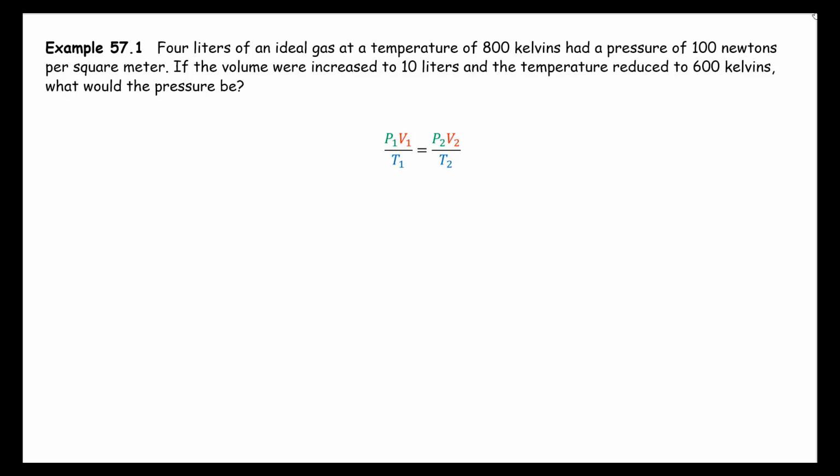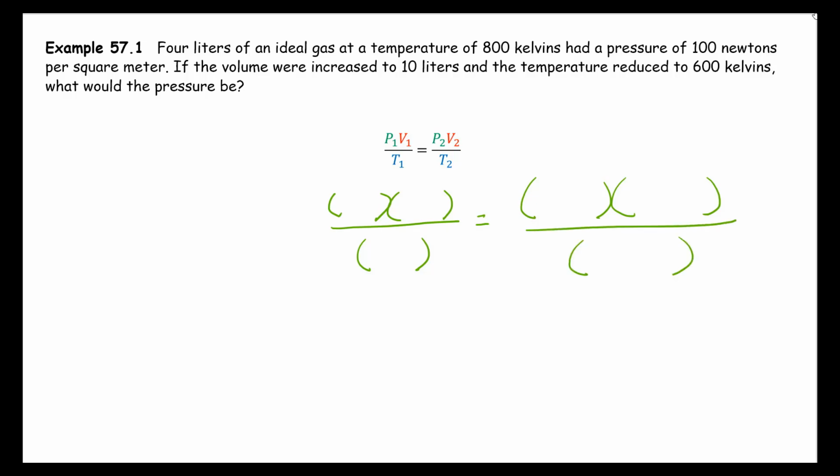So we'll go ahead and put parentheses for everything. So we've got P1 here, V1 here, T sub 1 here, P2, V2, and T2. So we're just going to fill in all those values from the problem.